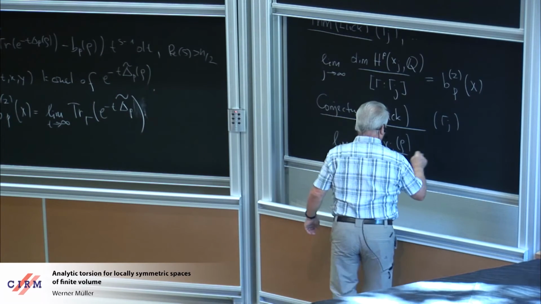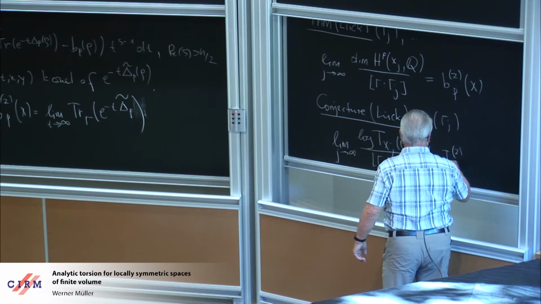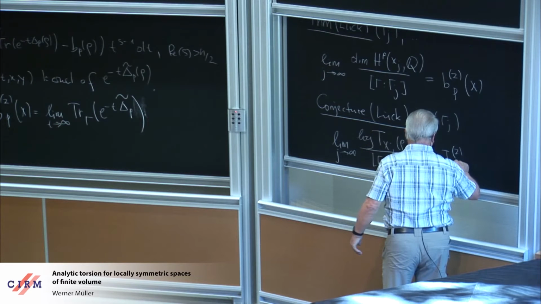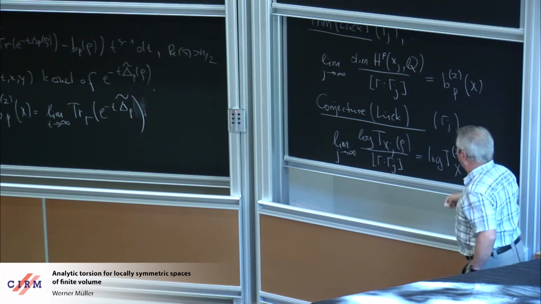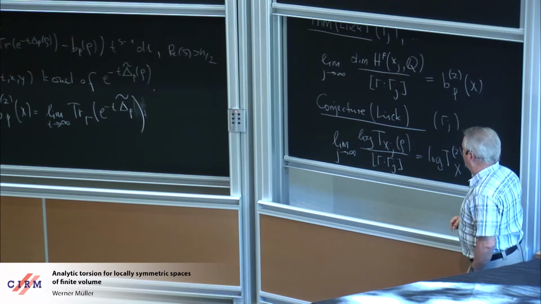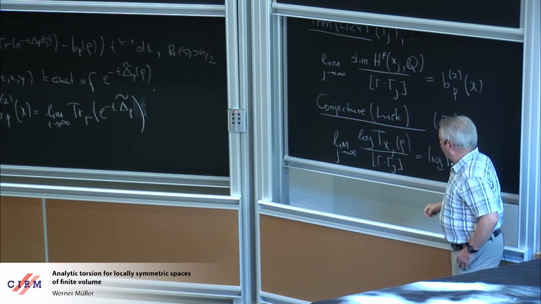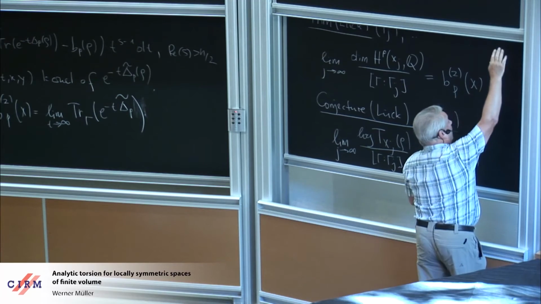And then, of course, the right-hand side may not always be well defined, but in case where you know that the L2 torsion is defined, then you would conjecture that it can also be approximated by the corresponding spectral invariants of the finite covering. So this is a conjecture of Luc, and it's still widely open.